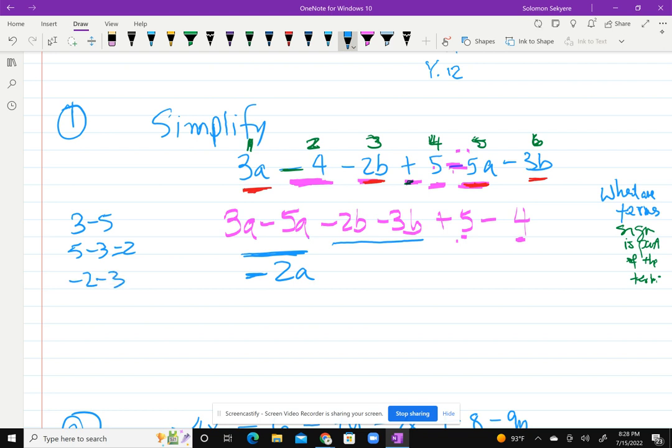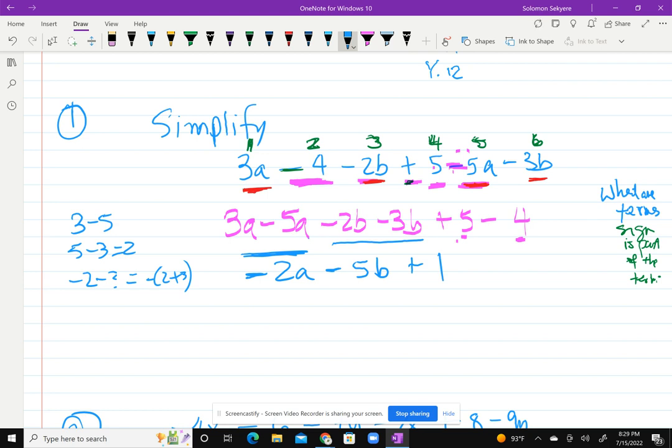Negative 2 minus 3, that is the same as negative of 2 plus 3. So negative 2 minus 3 will be negative 5b. And then 5 minus 4 is positive 1.